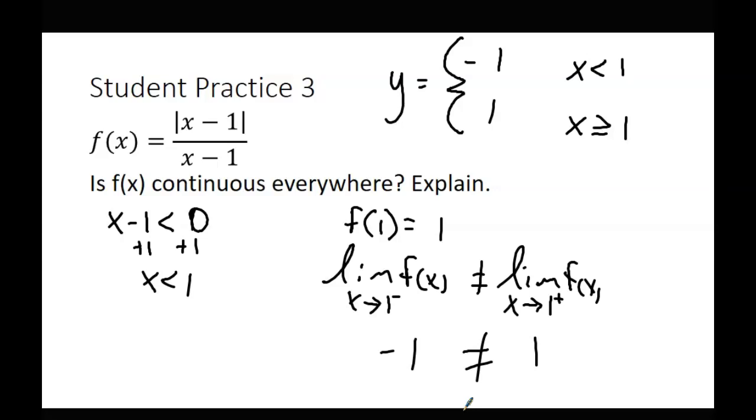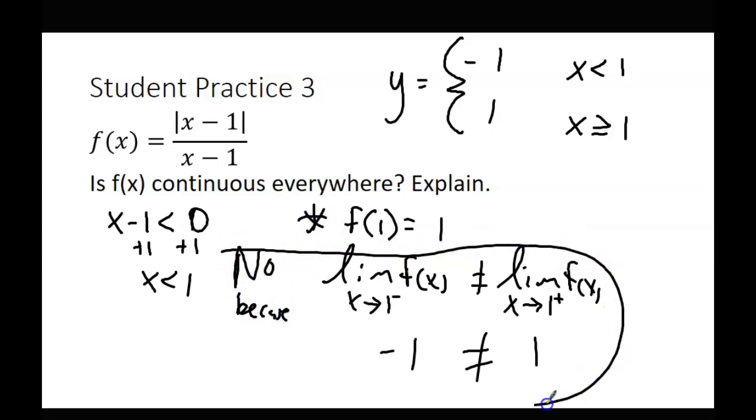Yeah. So, do we get points off? That's a good question. I'm glad you asked. Would you lose points if you wrote this? Let's say you said no, because, right? And then you wrote this. I think, I'm not 100% sure, I think they would give you full credit. Because you can have something incorrect written on your paper, but it doesn't really affect the process, so I don't see why they would care.